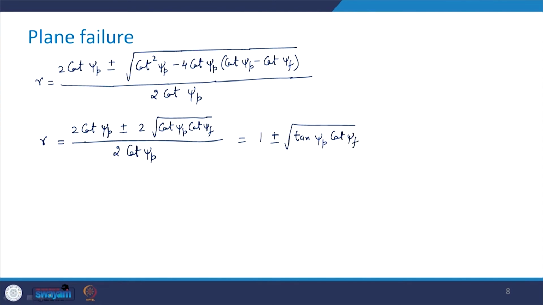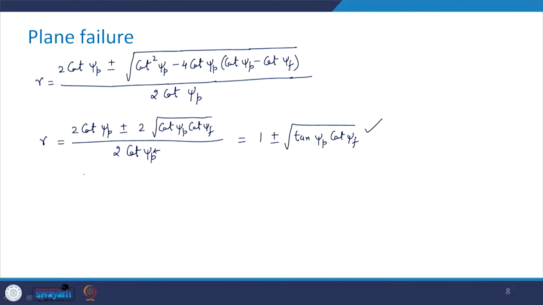See what will happen, this 2 cot psi p, 2 cot psi p will get cancelled out, and plus minus this 2 and 2 will go, and when this goes inside the square root sign it will become square. So one cot psi p will get cancelled out, so this is what you will be left with.